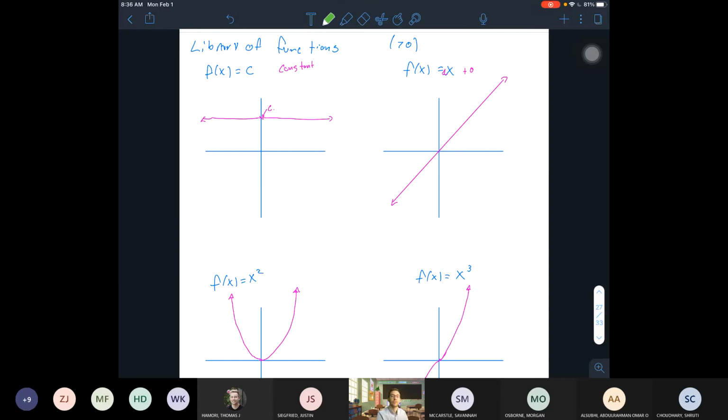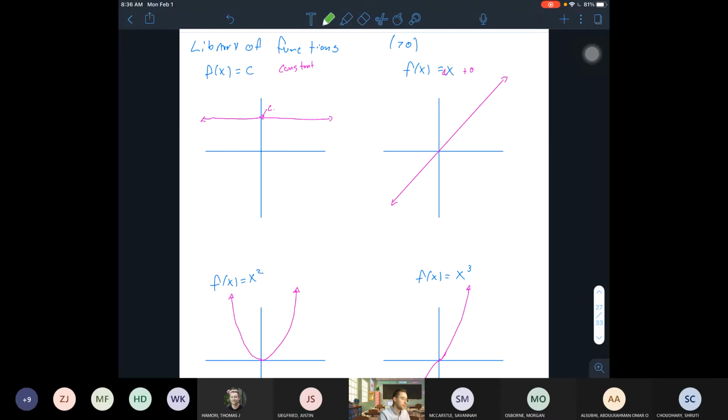When we look at function transformations, we want to understand how the graphs of these functions change when we apply certain algebraic operations to them. We're going to stretch them, shift them, reflect them, and do all sorts of business like that.